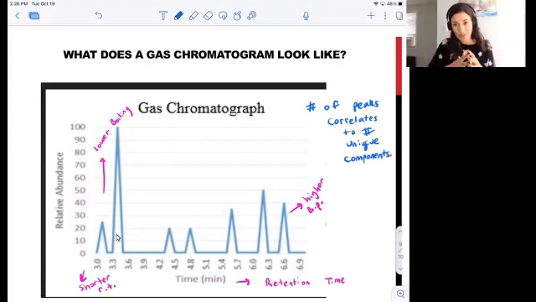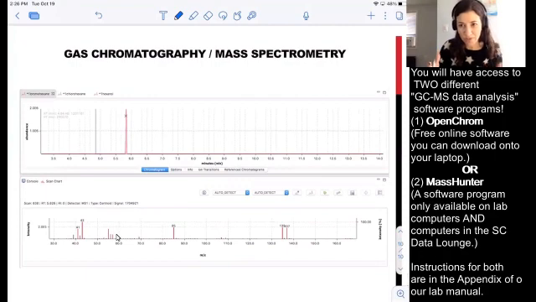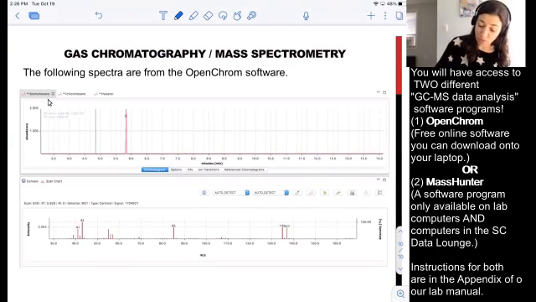So on the instrument that we're using in lab, with the data analysis software that you'll have access to even from your own dorm room, your gas chromatogram will look something like this shown here. This is a reference GC for the starting material for the possible product 1-bromohexane.